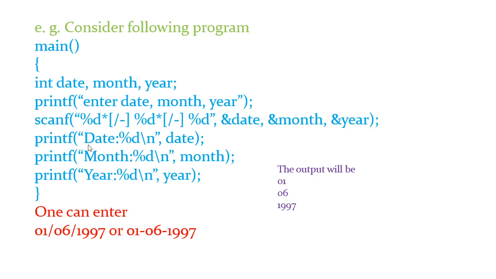After that, print date with %d and a new line, month and a new line, and year and a new line. So we will get 0, 6, 1. So if you enter this, the output will appear on the screen like this, with a new line.